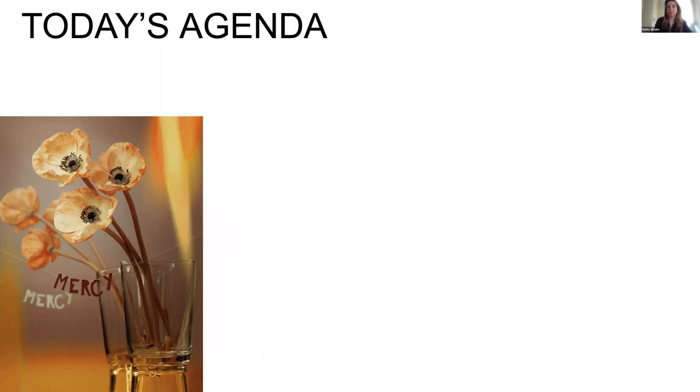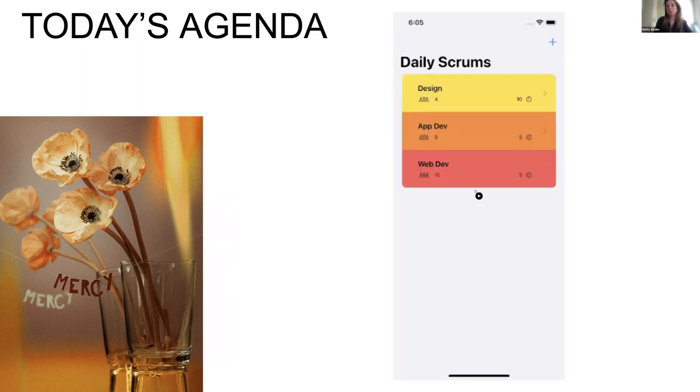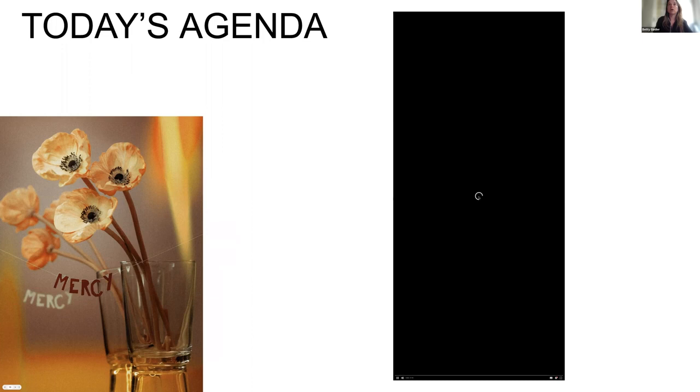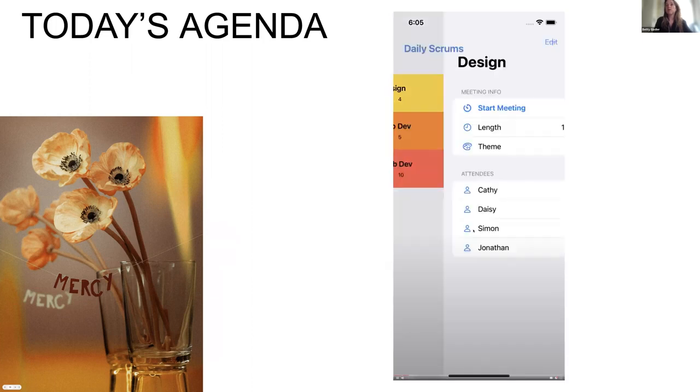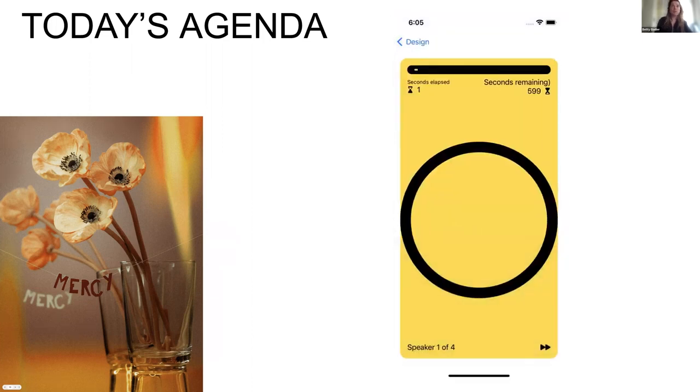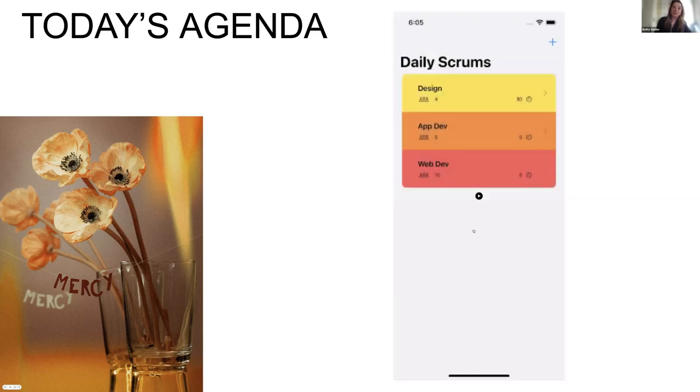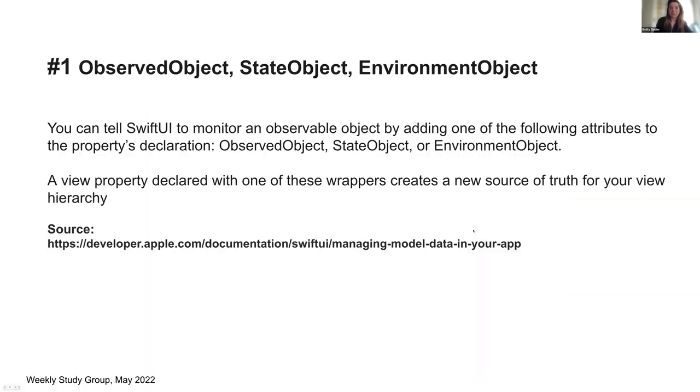Let me show what we will build today: more screens again, but also a timer with a sound. We will use a framework from Apple to add a sound. You will not hear the sound because you have to wait for the end of the timer, but it's working.